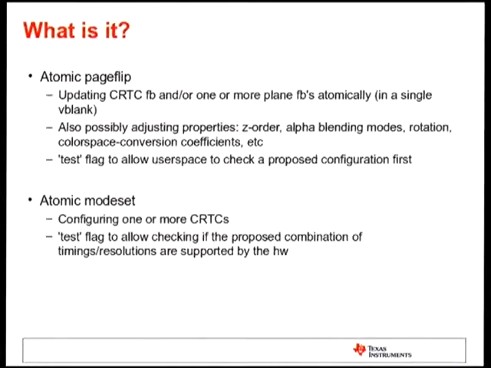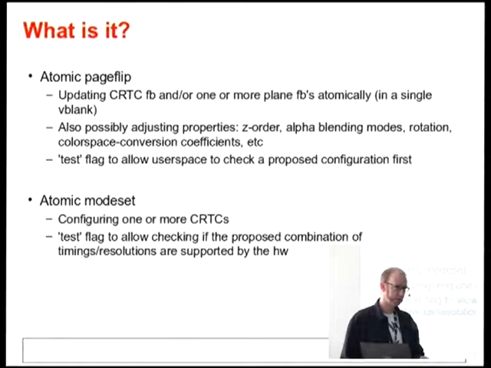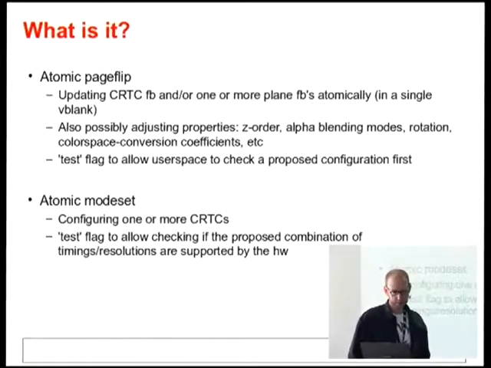Okay, so first, define what we're talking about here. When we say atomic page flip, we mean page flipping at least one CRTC, maybe multiple CRTCs, that's up for debate, with one or more plane layers as well, in a single VBlank cycle.